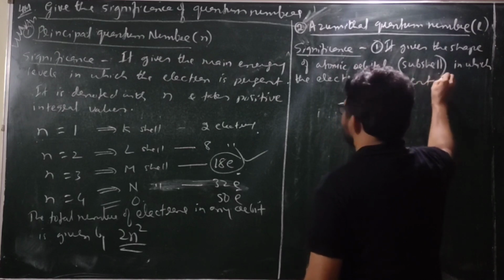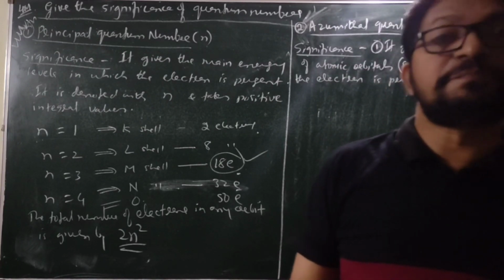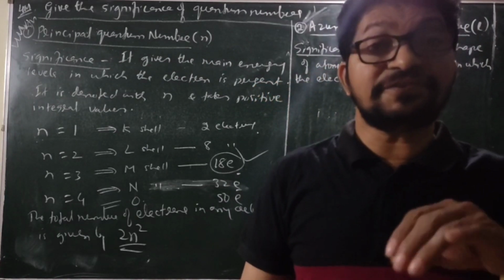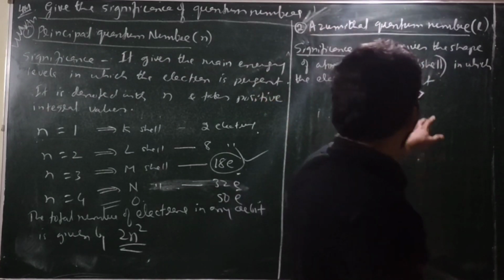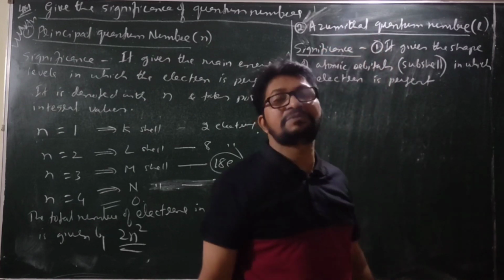What are the subshells? S subshell, P subshell, D subshell, F subshell. This subshell information is given by the azimuthal quantum number.